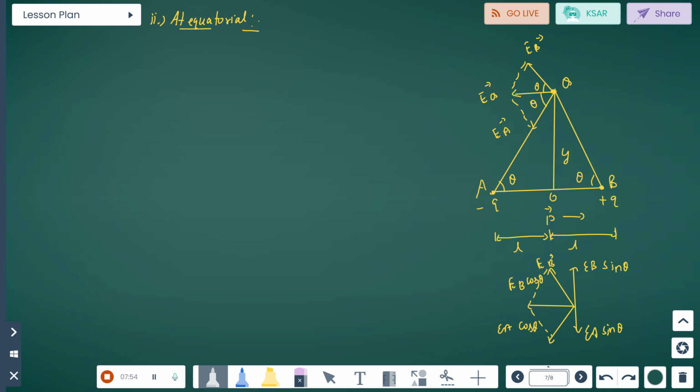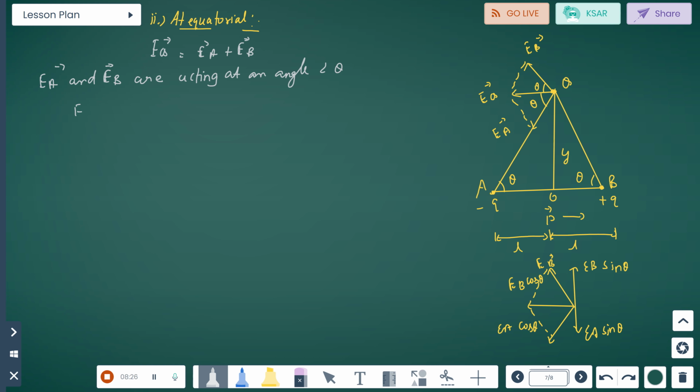And for equatorial, in equatorial, the resultant field intensity at point Q is EQ equals EA plus EB, and the two vectors EA and EB are acting at an angle theta.